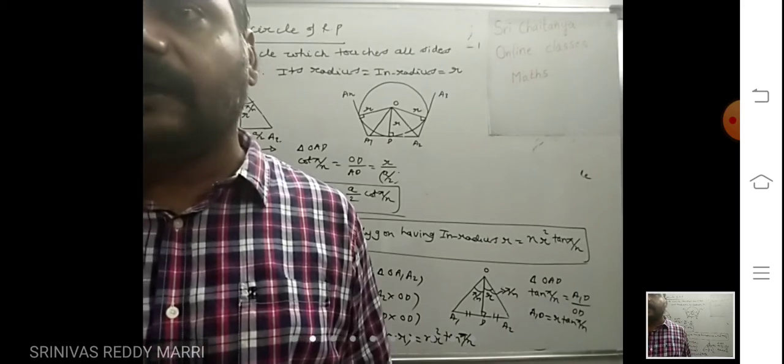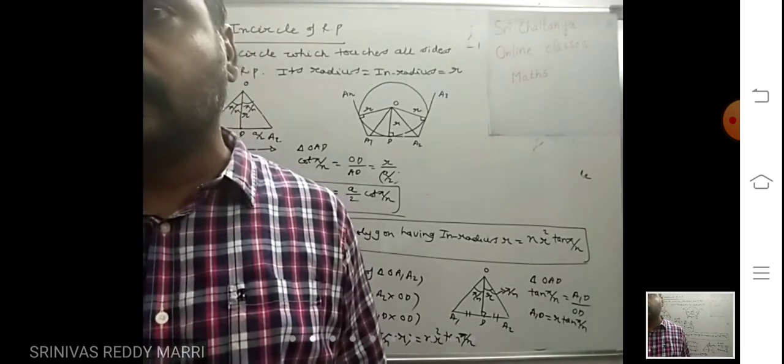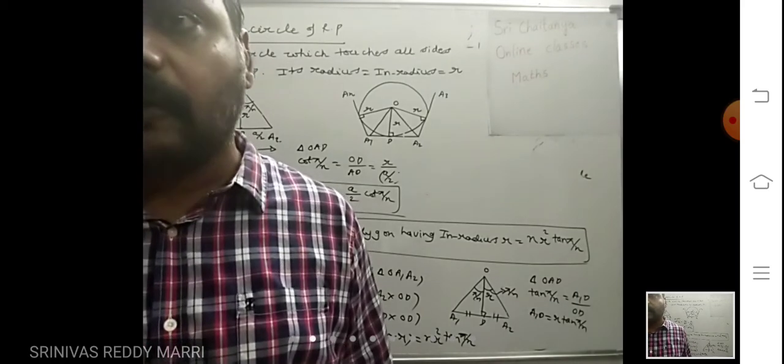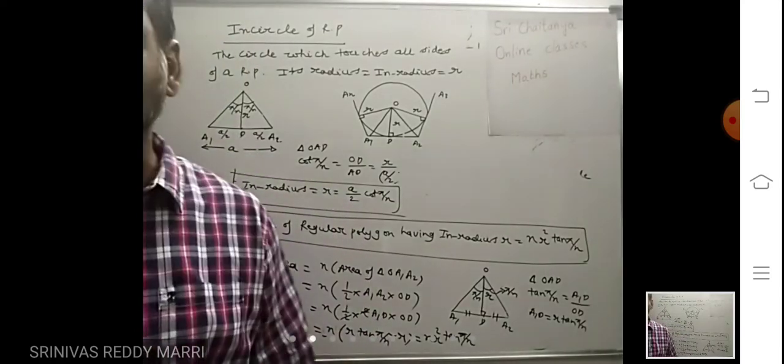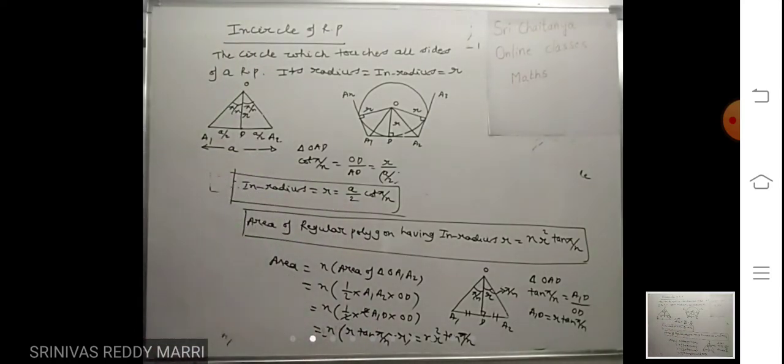Another one is if you know the side of the polygon and the number of sides, 1 by 4 n a square cot pi by n. Let us see the application, you will get clarity. Look at one problem.